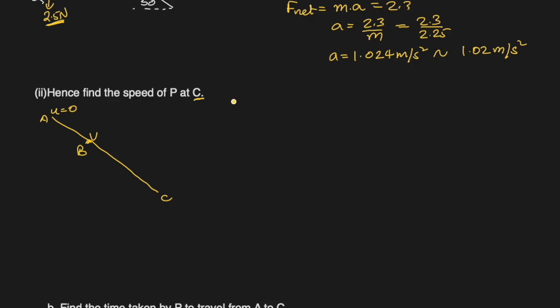So we can use V square equal to U square plus 2AS. This is the formula for us. V is the square root of U square, which is 0, plus 2 times the acceleration we just got, 1.024, times S. We already know the distance between A and B is 0.8 meters.